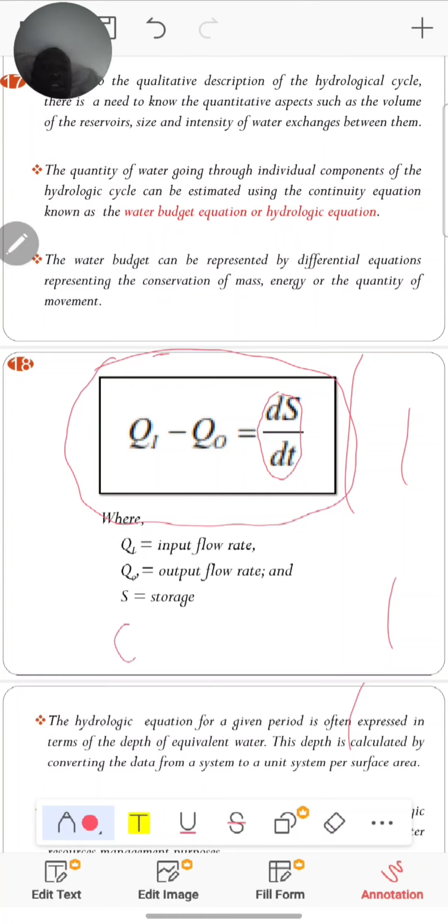That means that Q1 minus Q naught is equal to 0. Okay, then this means Qi is equal to Q naught.